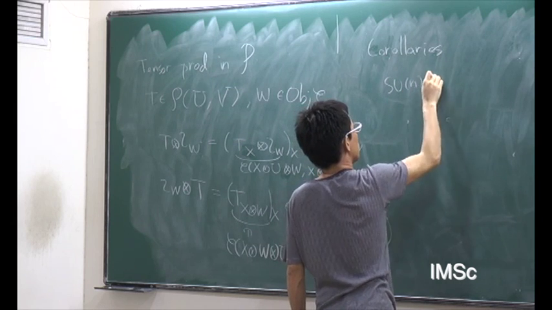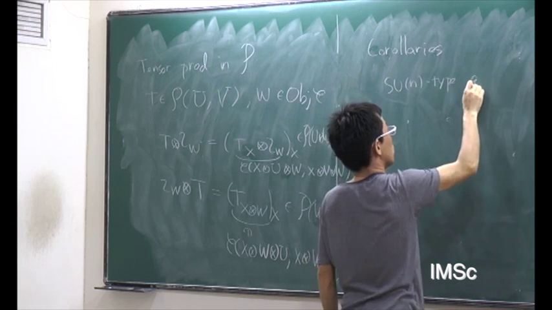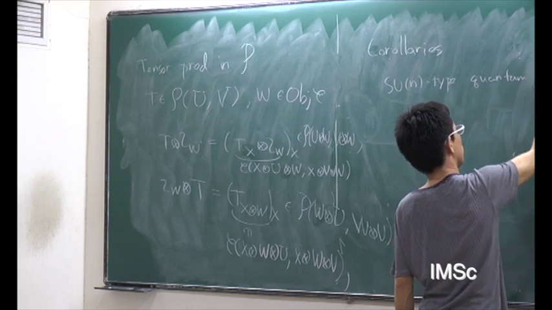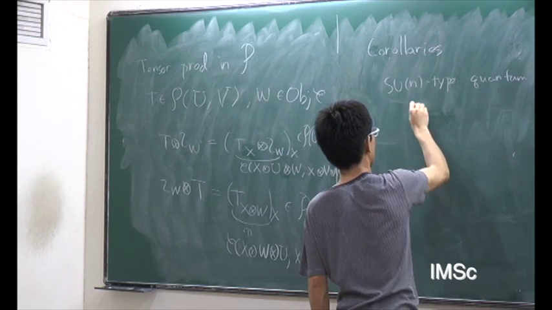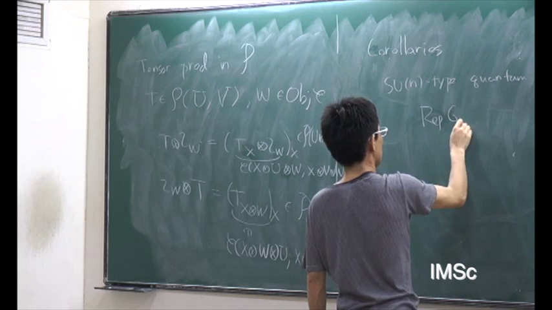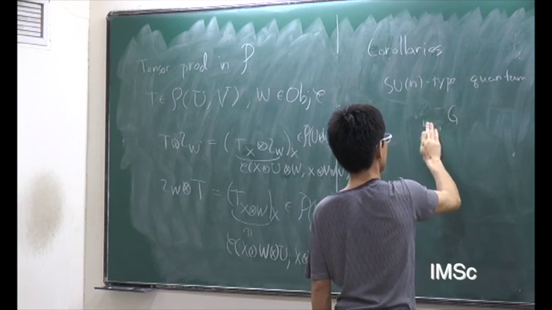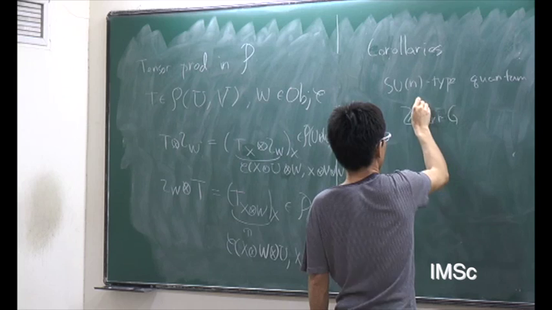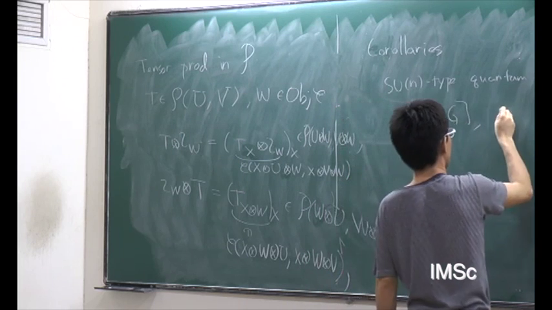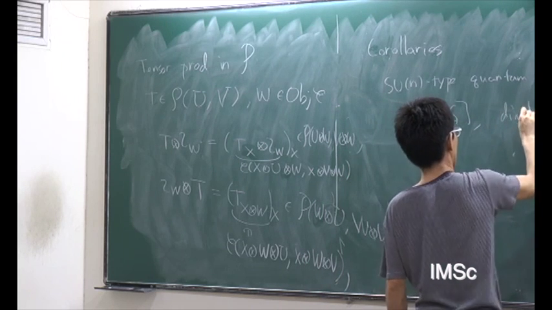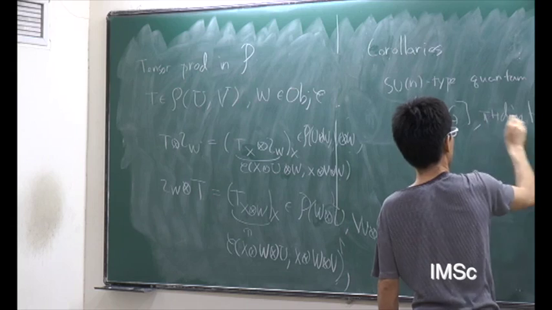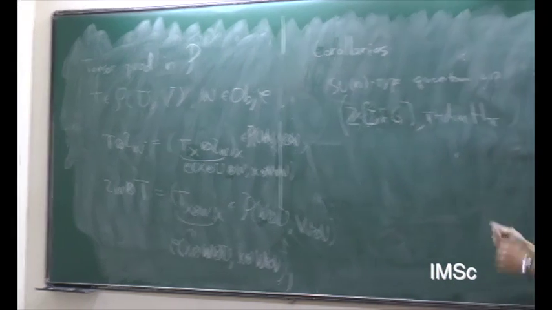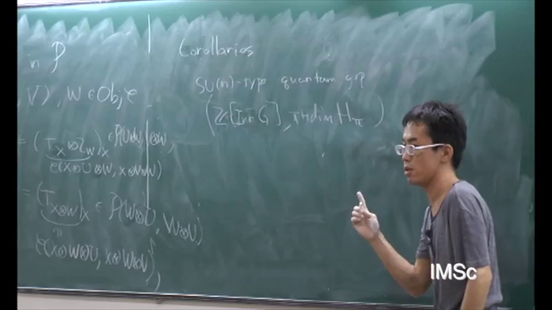SU(N) type quantum group. So that's representation, the fusion rule, and the dimension function given by just the usual dimension of Hilbert spaces.